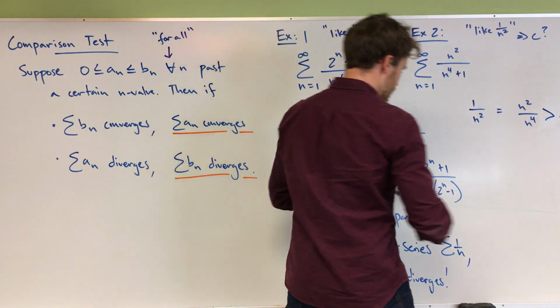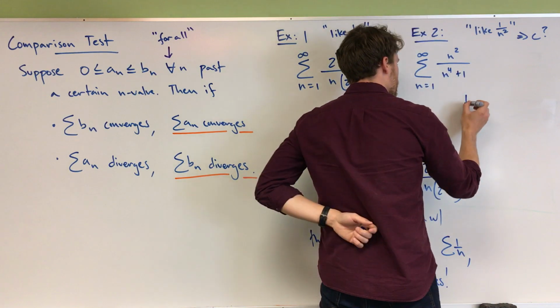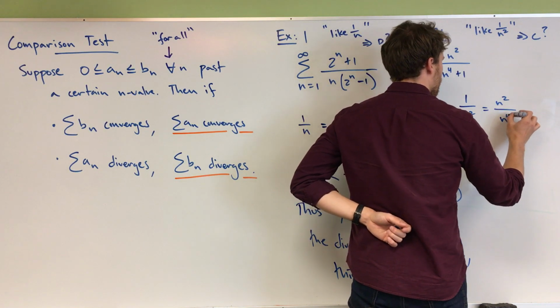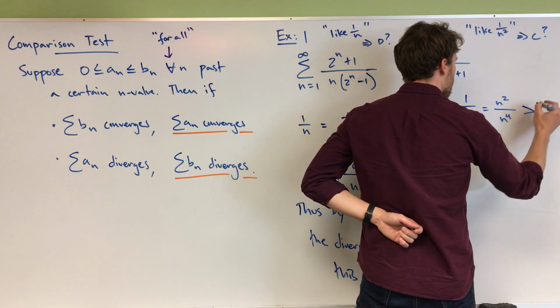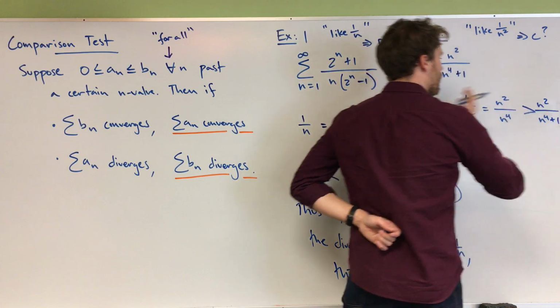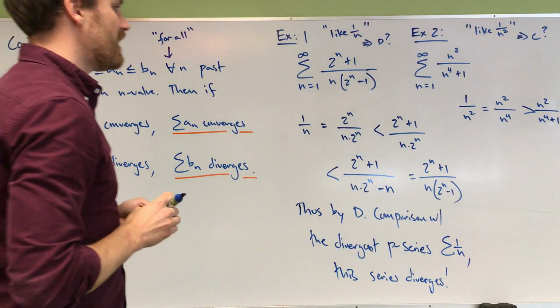I'm afraid I may have moved off the screen, so I'm just going to move this back just a little bit. Start with 1 over n squared. That's equal to n squared over n to the 4th. That is greater than n squared over n to the 4th plus 1. Adding 1 to my denominator should make the fraction smaller. And that's all I need.